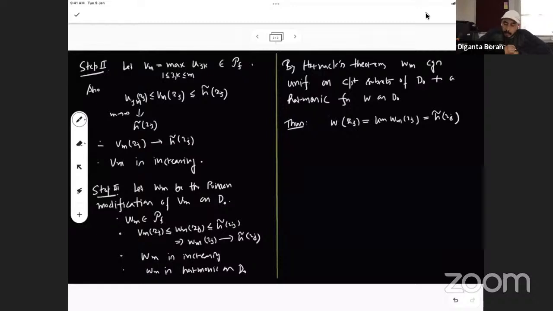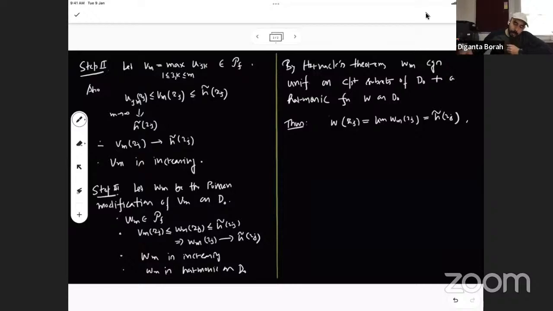So this harmonic function W agrees with H tilde along this sequence. As I claimed, given a sequence, we can construct a harmonic function W which agrees with the Perron solution along this sequence. This is fantastic. But the only thing is that I still cannot say that W and S tilde agree everywhere, because I do not know if the function S tilde is continuous. Otherwise, I would have been immediately able to say this.